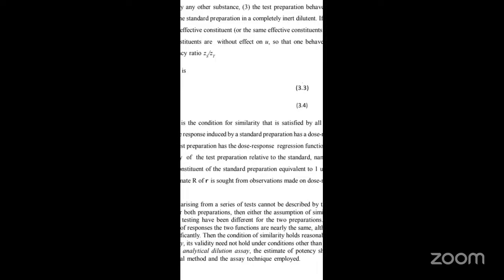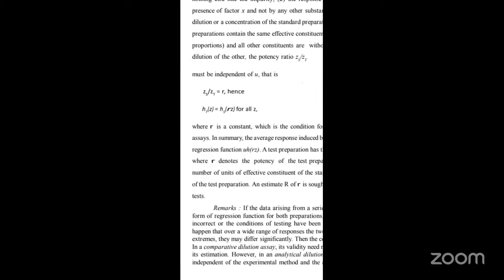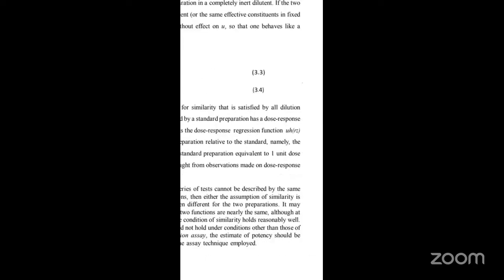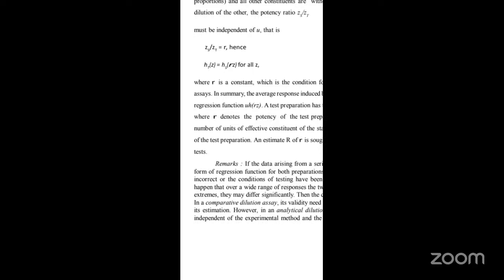The potency ratio z_S by z_R, that is R, equals h of z by h of Rz for all z. R is a constant. It is a condition of similarity that is satisfied by dilution assays. In summary, the average response induced by the standard preparation is a dose response regression function u equal to h of z.